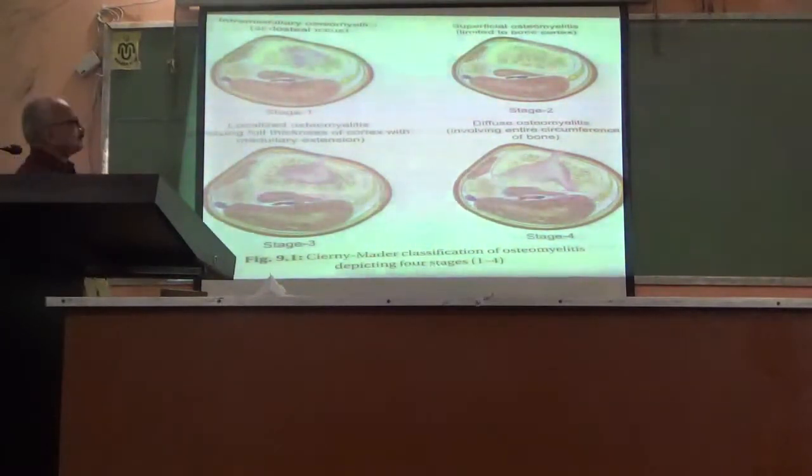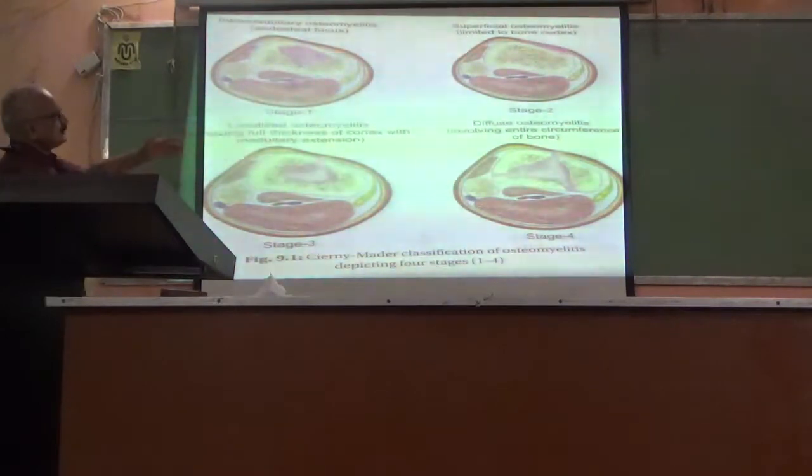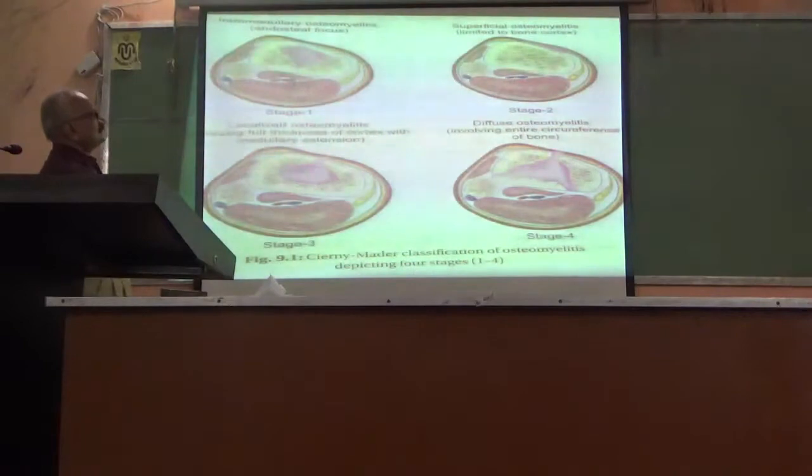Status of bone anatomy: if we call it stage 1, then stage 1 is the confinement of infection to the medullary region of the bone. You see the pinkish region of the medullary region is the area where infection has first started, and that has given rise to an abscess. So that is stage 1.